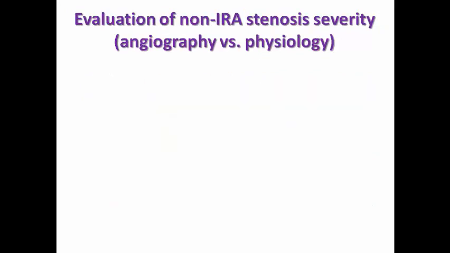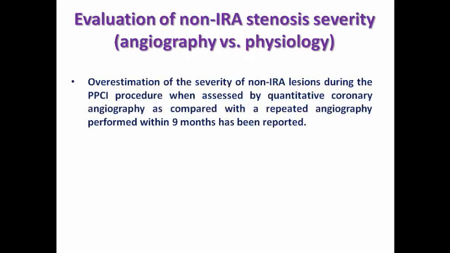Regarding the non-infarct-related artery stenosis severity, should we evaluate the lesion significance by angiography only or the functional assessment? There is a large debate regarding this issue because overestimation of the severity of non-infarct-related artery lesions during primary PCI, if assessed by quantitative coronary angiography, is common as compared with repeated angiography, for example, within 9 months.